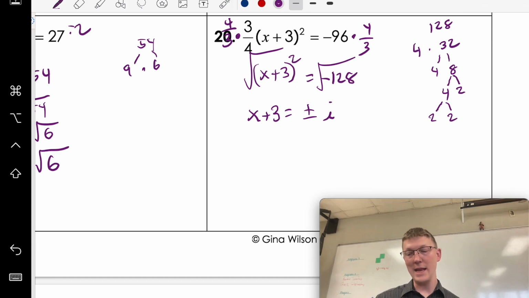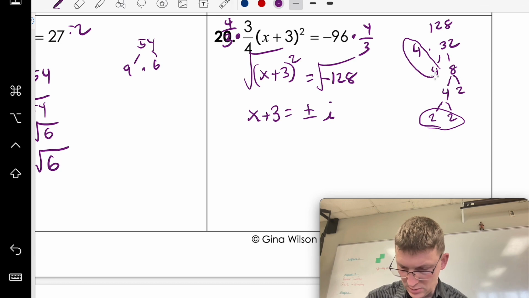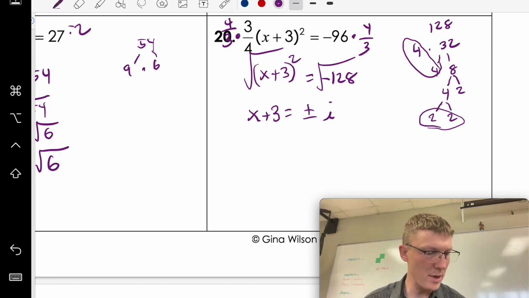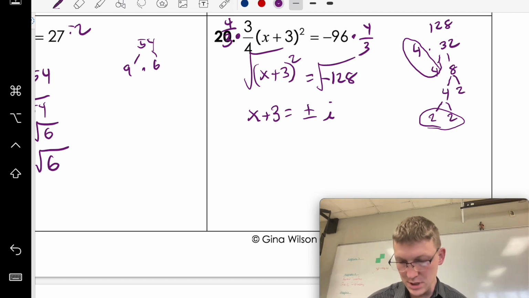So again, any two numbers that you see that are the same, they can be multiplied together and have a perfect root. So we've got these two, which is 4, these two, which is 16. I'm just going to look at my calculator. 4 times 4 times 2 times 2. So we've got 64. So I can take 128 divided by 64, and that would be times 2.